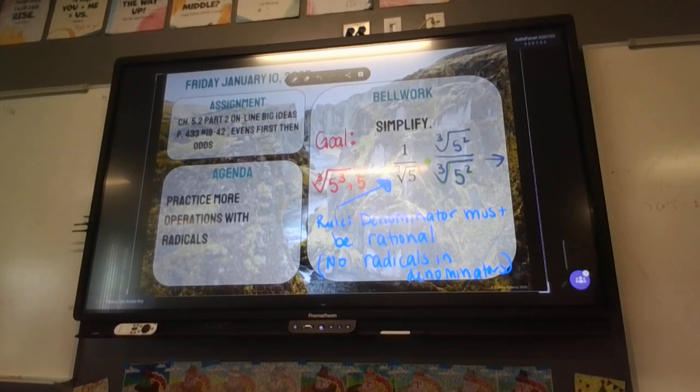I've run out of room, so I'm going to come over here to the whiteboard. So this is now 1 times the cube root of 5 squared in the numerator, and the cube root of 5 to the first times the cube root of 5 squared in the denominator.